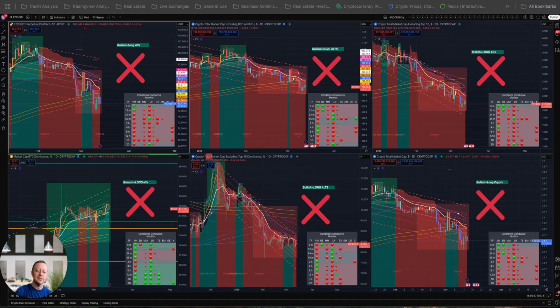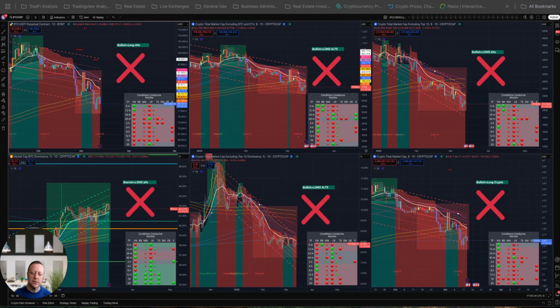I use these 6 metrics and the CCMs attached to them just to make sure I have an understanding of what I should be looking for and what I shouldn't be doing. So if I'm thinking about longing something and I'm going against every single thing that I know I shouldn't be going against, it allows me to stop in my tracks and review that idea that I was thinking about doing.